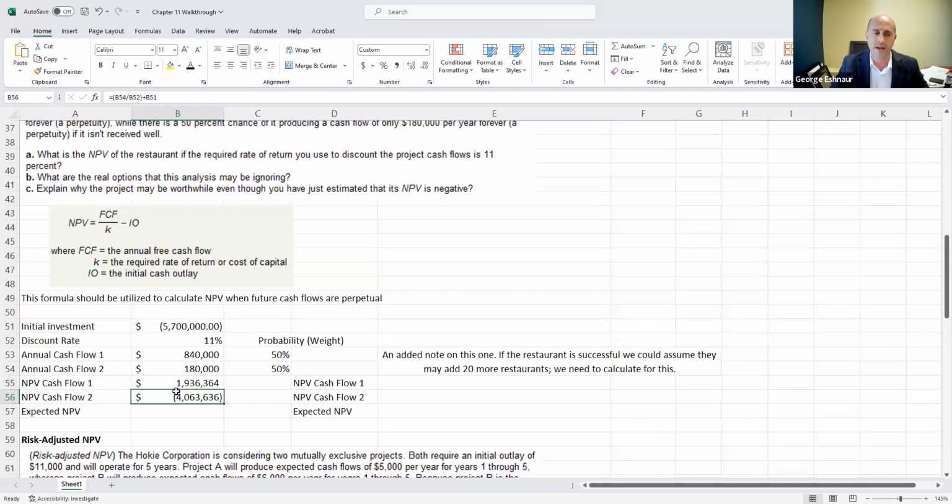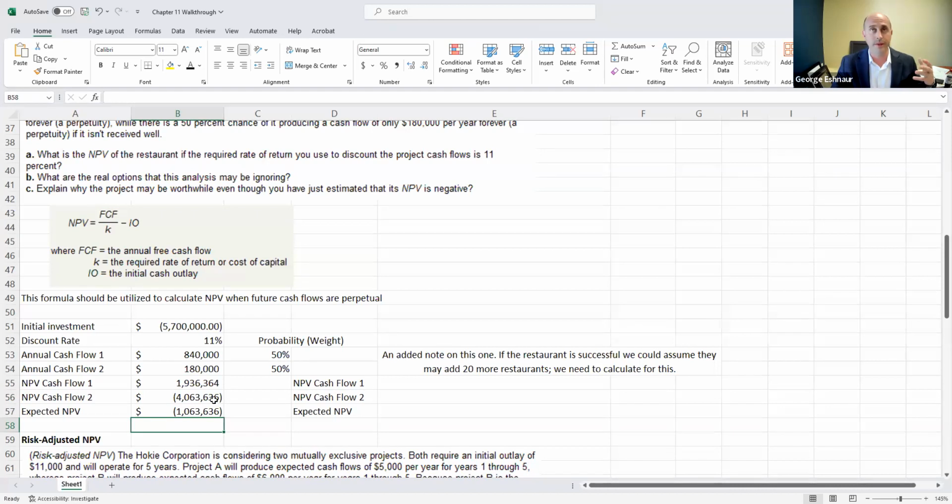This one is a pretty massive loss if we're looking at it. What we have to do at this point is now we have to consider the probability or the weight. And so we just take both, each one times the 50%. And that gives us a negative expected net present value.